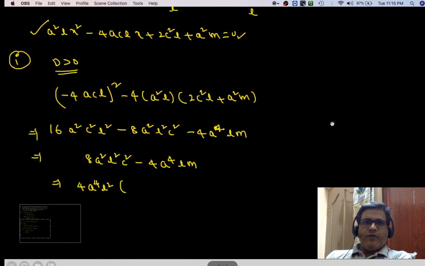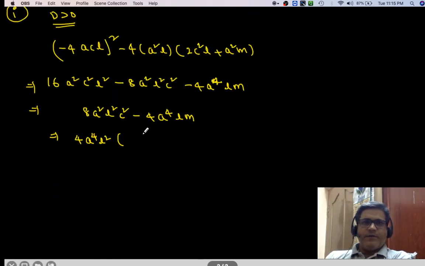If we take out 4a⁴l² common, then here you are left with 2c²/a², since we have taken a⁴ common, so in the denominator we have a², minus 4a⁴l² common, and here you are left with m/l, since we have taken l² common and only one l is there.